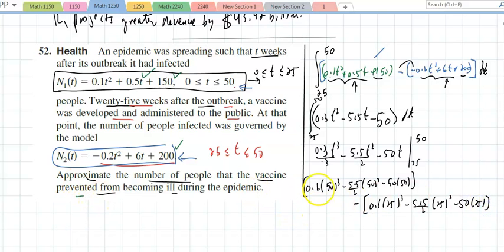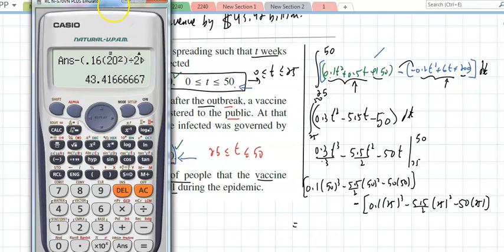And this turns out to be, and again, a calculator is essential here.